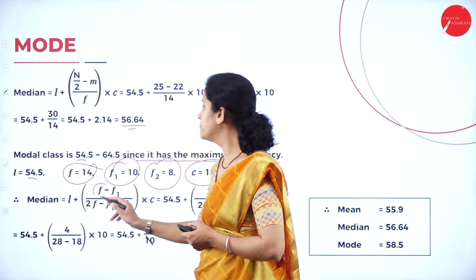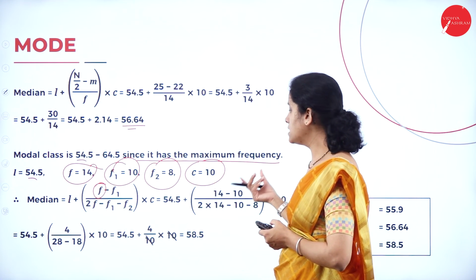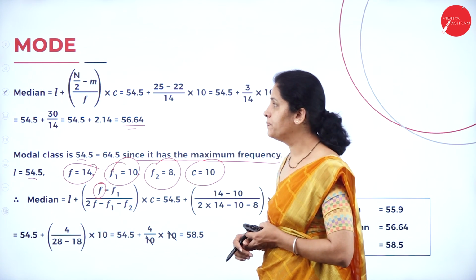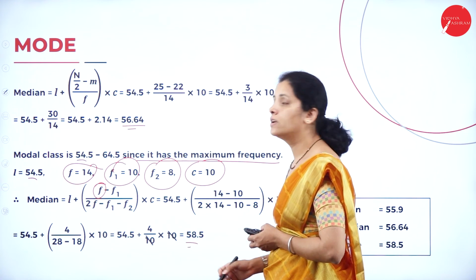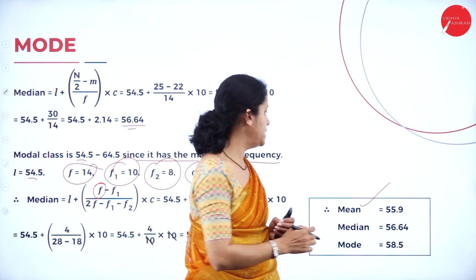That is, the formula with F minus F1. Okay. See, when I substitute all the values in this formula, I'm going to get the answer 58.5.